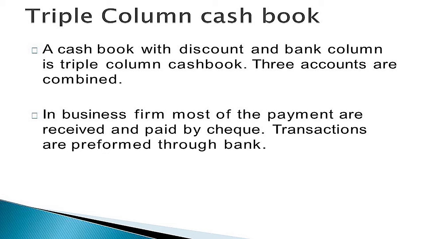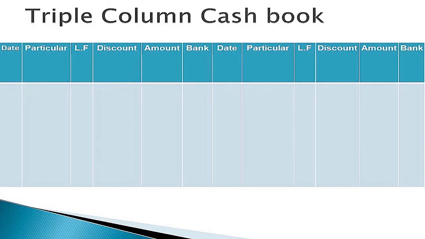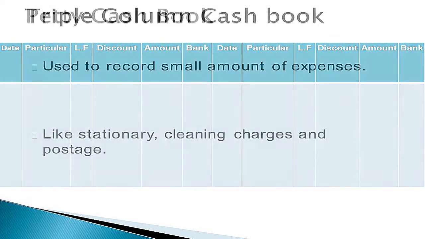So an additional column, in addition to discount and cash, is added. That is the bank column. Look at the format: discount, cash, bank. Debit, discount amount, bank is a credit.